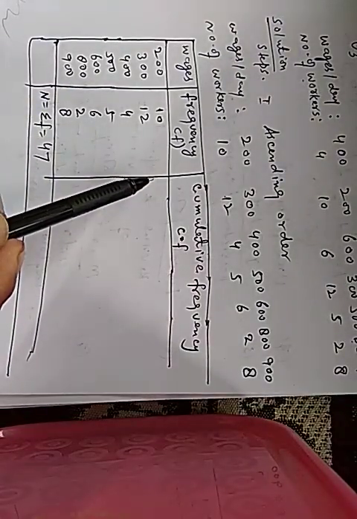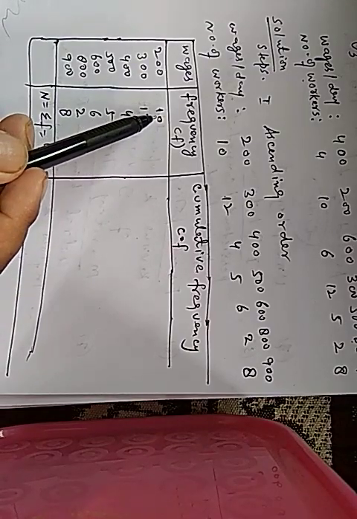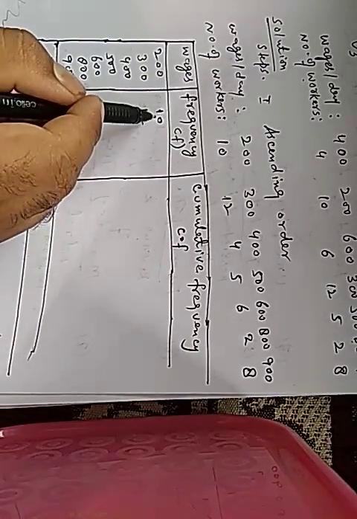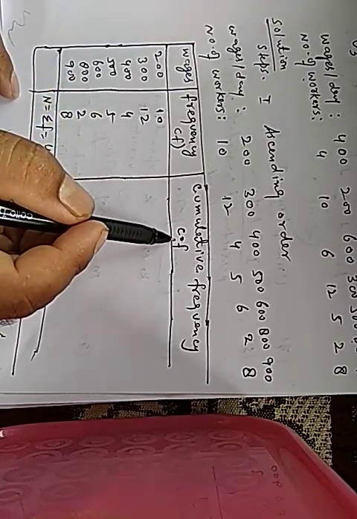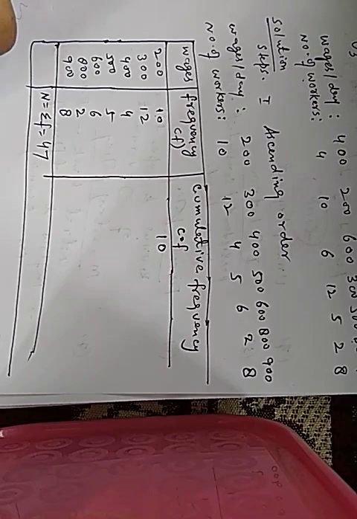The cumulative frequency of this data will be: the first value of cumulative frequency will be the same as simple frequency. The simple frequency is 10 and the first value of cumulative frequency will also be 10.